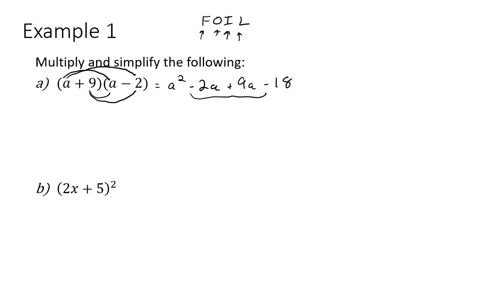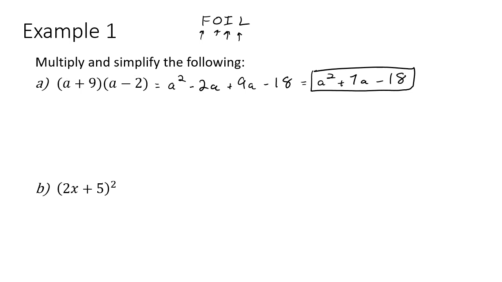In this case, the 2 terms in the middle are similar. They're both a to the first power, so we can combine them together to get a squared plus 7a minus 18. Right, foiling is a good way to think about it, but it's important that you pay attention to what's actually happening here and understand the mechanics behind it so that we see how it generalizes once we start dealing with larger polynomials as well.